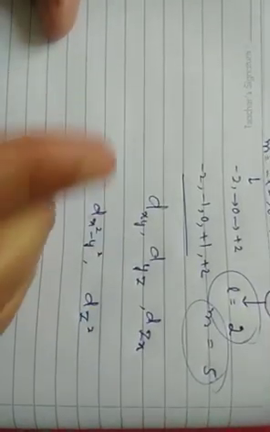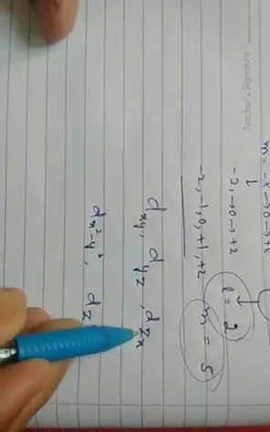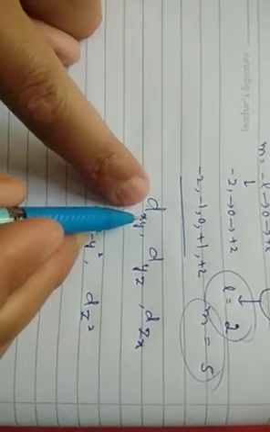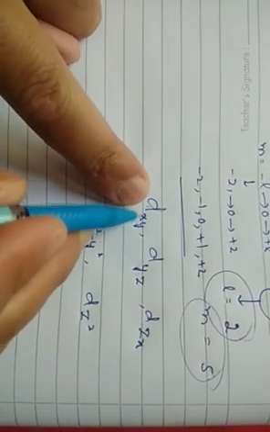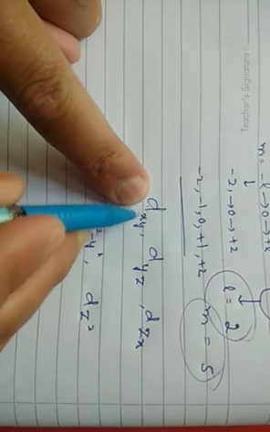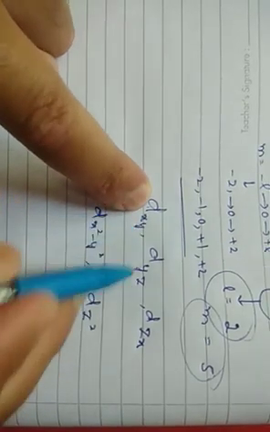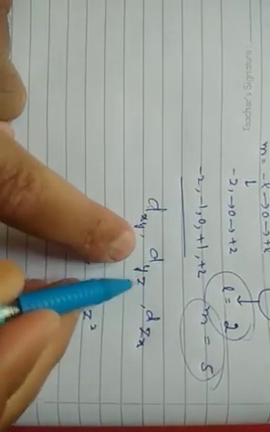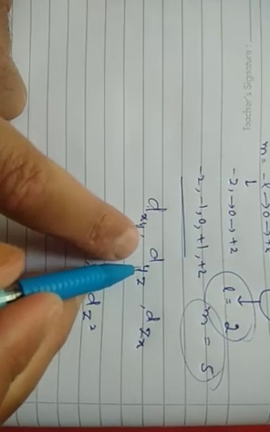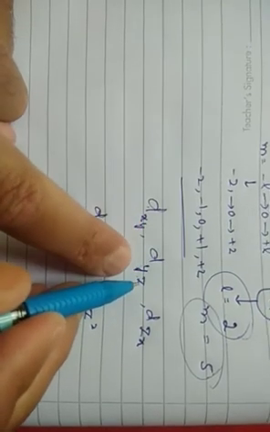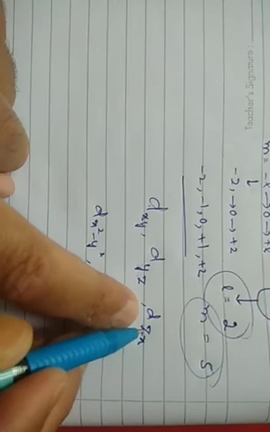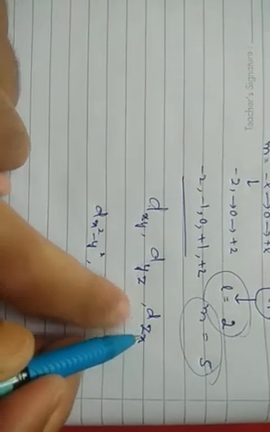So these are 5 d orbitals. The dxy, dyz and dzx: dxy means its electron density is oriented between x and y, that is its lobes are oriented between the x and y axis. dyz means its electron density or its lobes lie between the y and z axis. And in this case, they lie between the z and x axis.